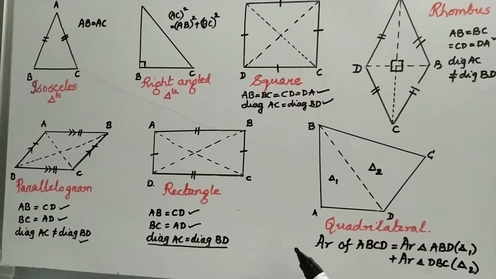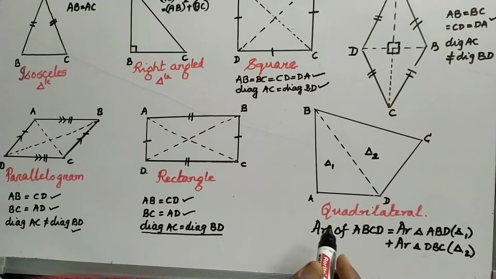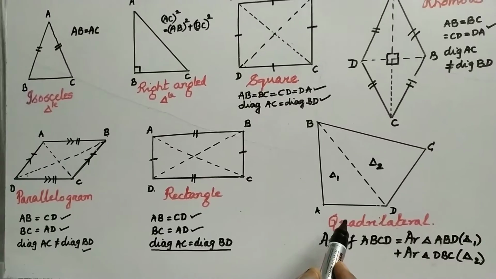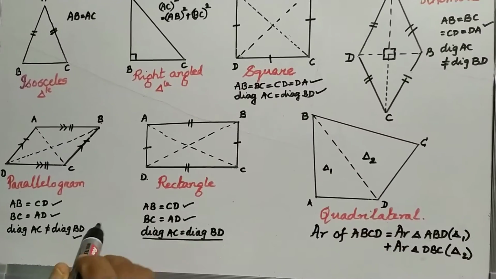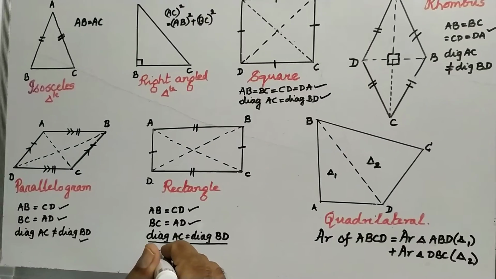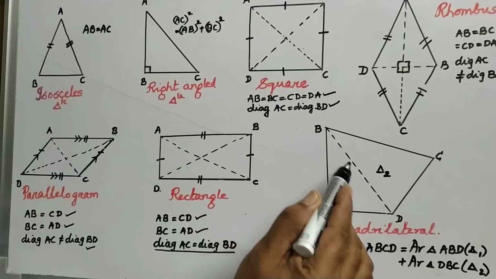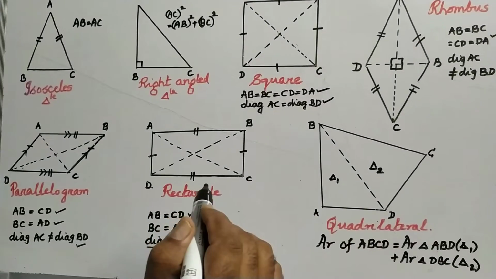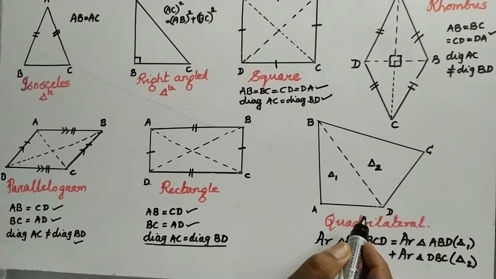If they give you a quadrilateral and ask you to find the area of the quadrilateral, draw a rough figure and join any one of the diagonals or the opposite vertices. If you join, you'll get a diagonal.